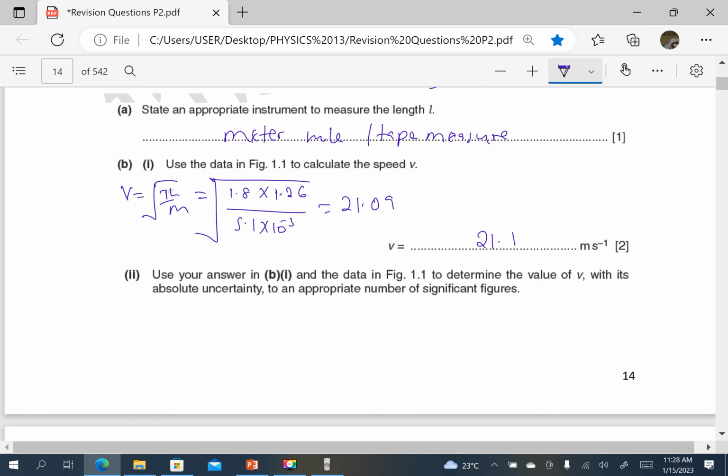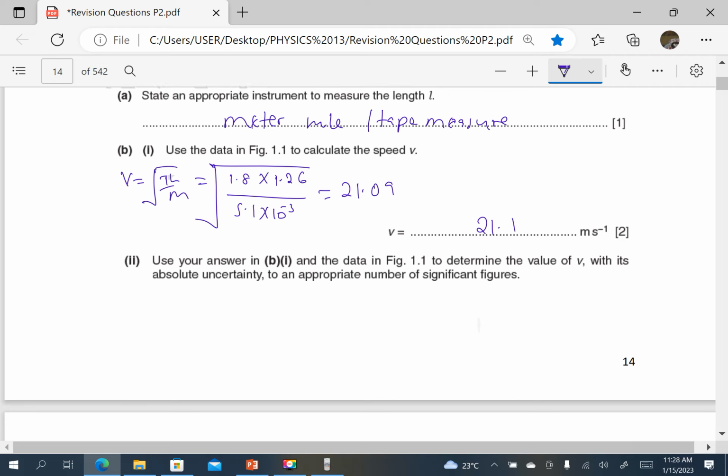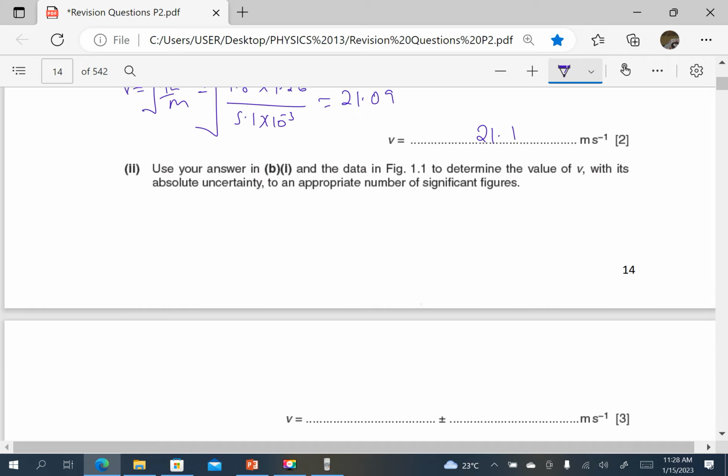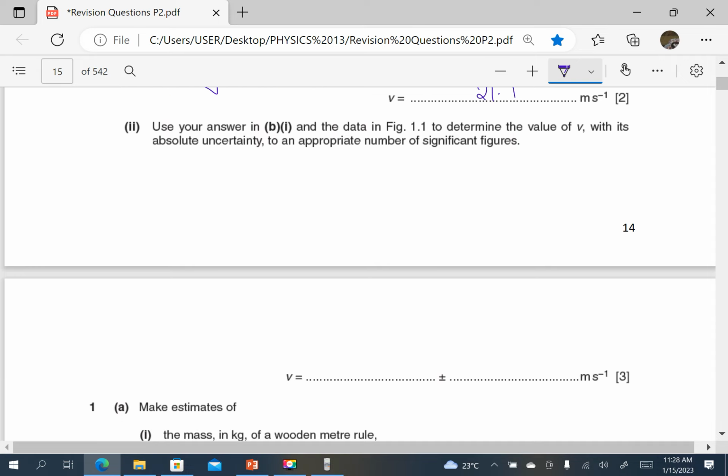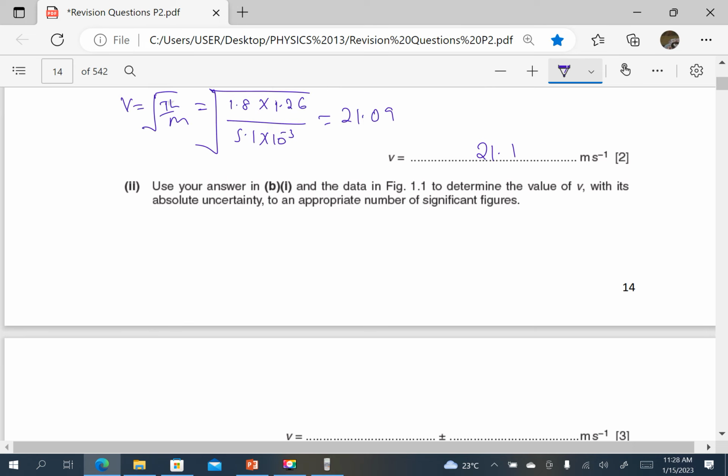Use your answer in part b(i) and data in the figure to determine the value of v with its absolute uncertainty to an appropriate number of significant figures. So since v is equal to that, the percentage uncertainty in v, because there is a square root, the power is a half, into brackets percentage in T plus percentage in L plus percentage in m.